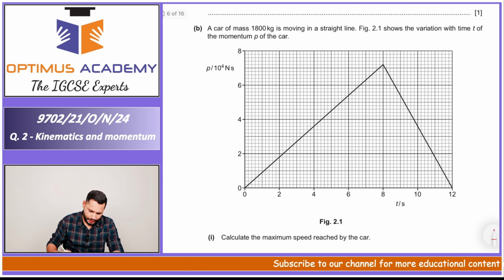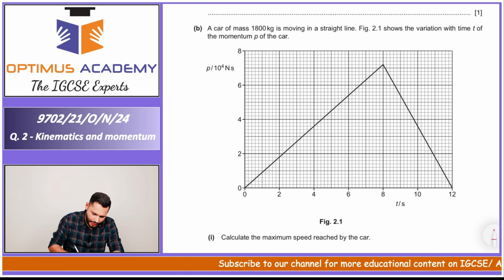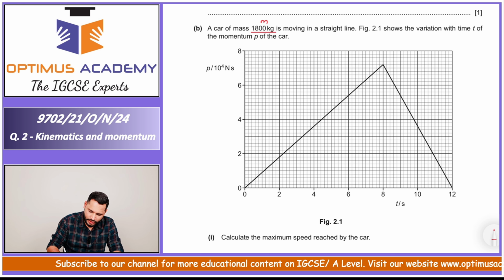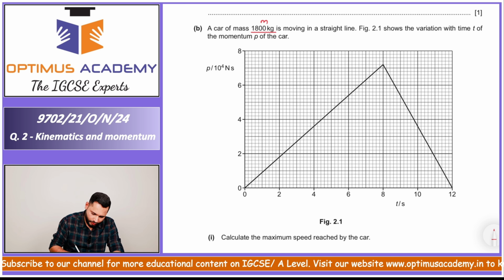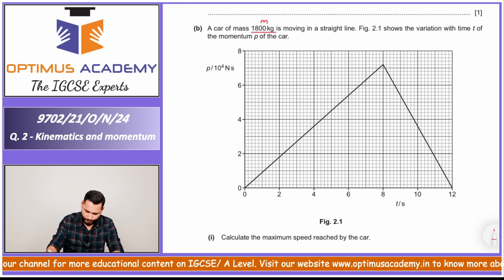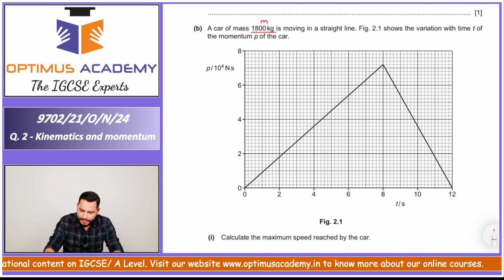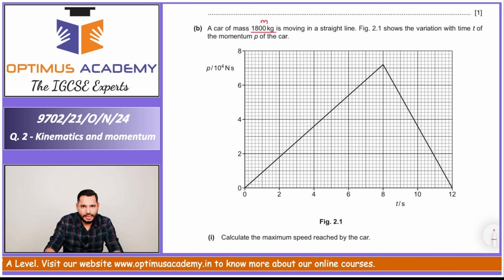Okay. Question B says a car of mass 1800 kilogram is moving in a straight line. Figure 2.1 shows the variation with time t of the momentum p of the car. On the y-axis they have given us momentum and on the x-axis they have given us time. You can see on the y-axis the value is increasing. It means momentum is changing.